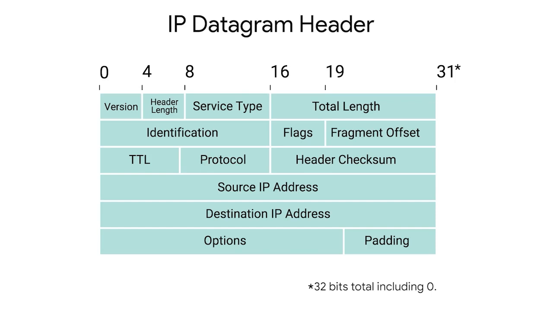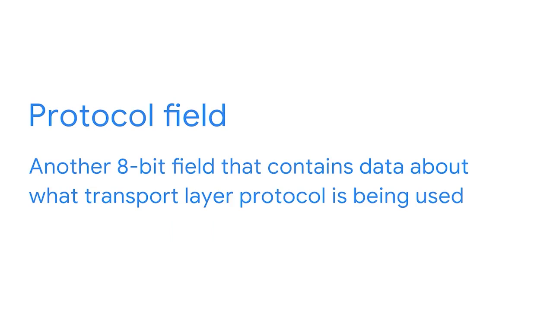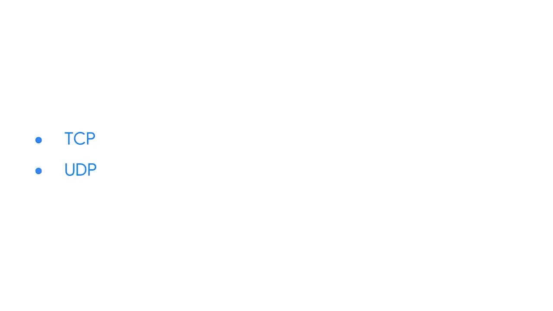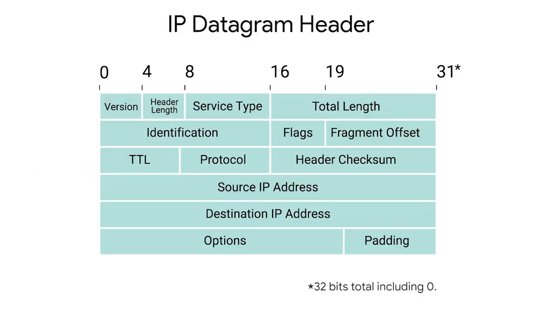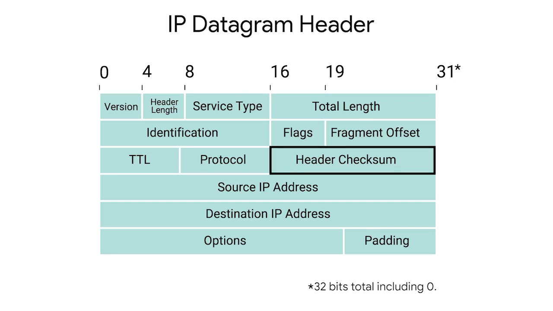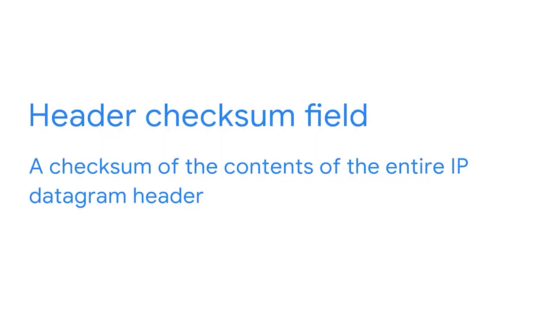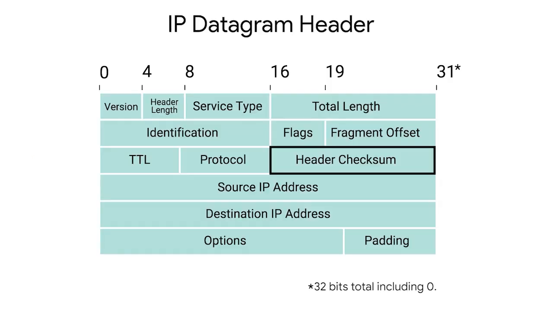After the TTL field, you'll find the protocol field. This is another 8-bit field that contains data about what transport layer protocol is being used. The most common transport layer protocols are TCP and UDP. So next, we find the header checksum field. This field is a checksum of the contents of the entire IP datagram header. It functions very much like the Ethernet checksum field we discussed in the last module.